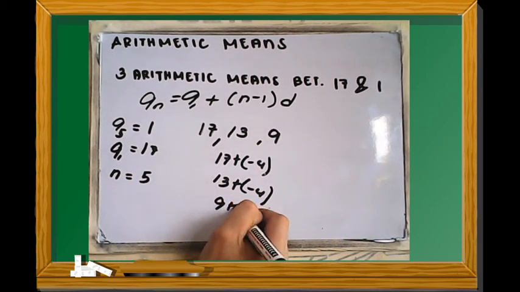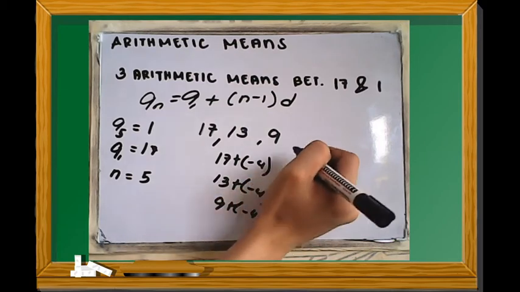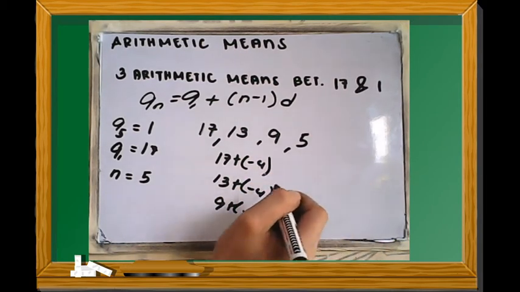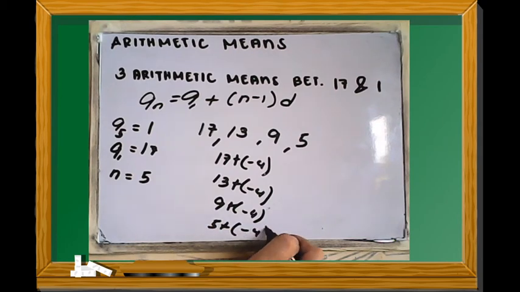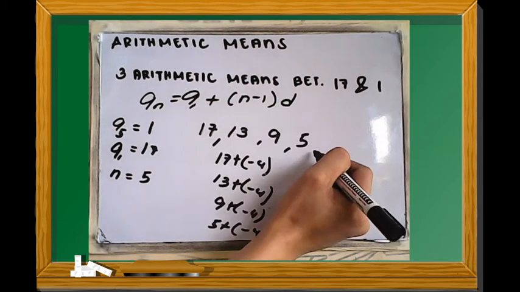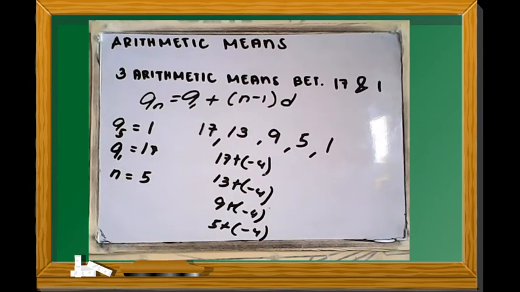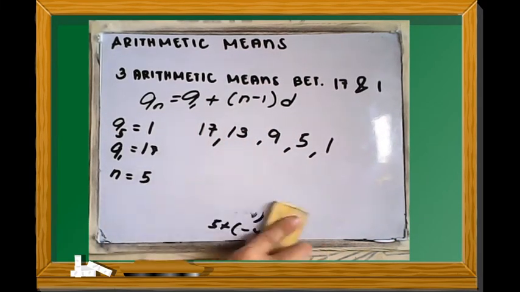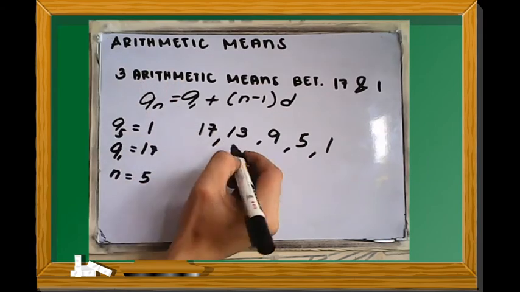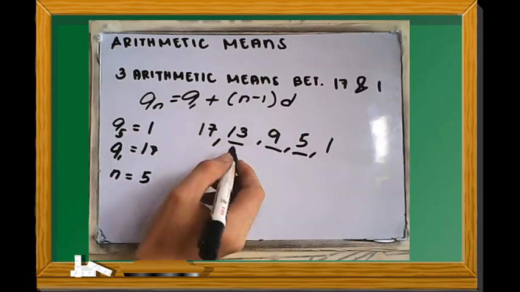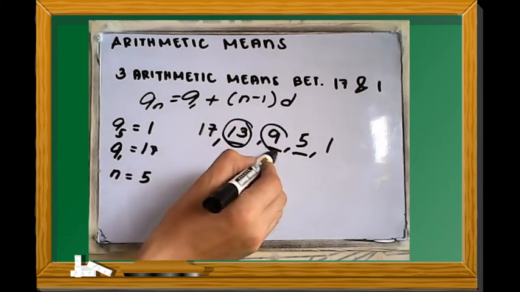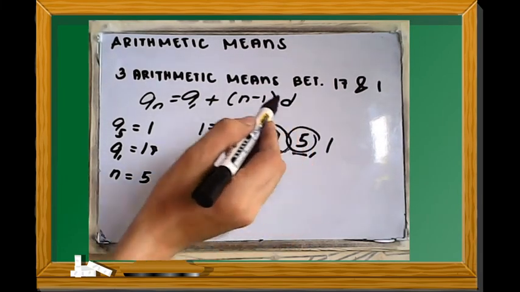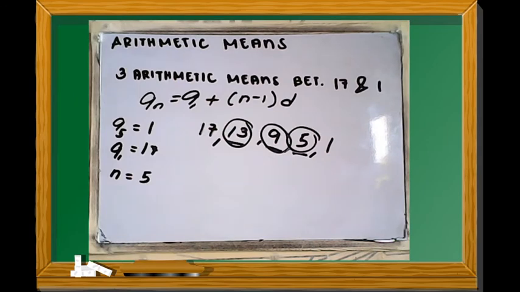Then 9 plus negative 4 is 5. And then 5 plus negative 4 is our given last term, 1. So this will be our arithmetic sequence, and the arithmetic means are 13, 9, and 5. That is how to compute arithmetic means.